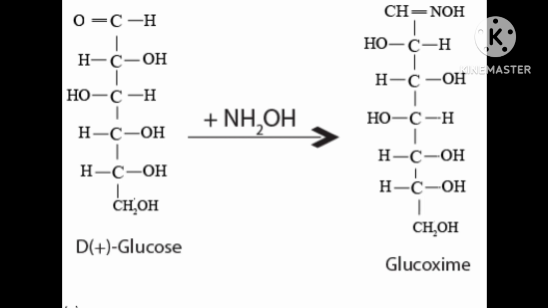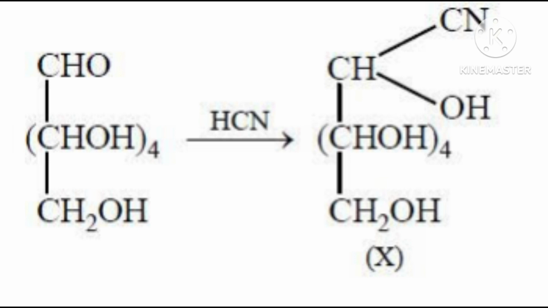Then these two reactions, with NH2OH and with HCN, confirm the presence of the CO group, the carbonyl group. How? Because the reaction has taken place with the oxygen present in the glucose molecule, the oxygen of CHO.